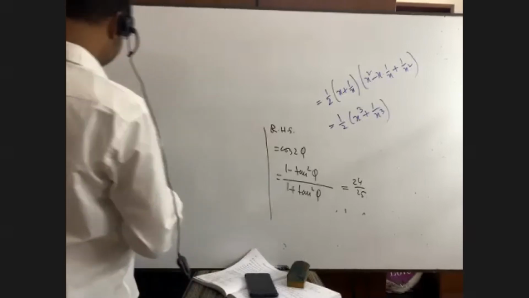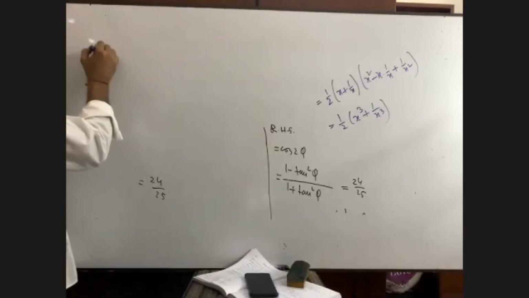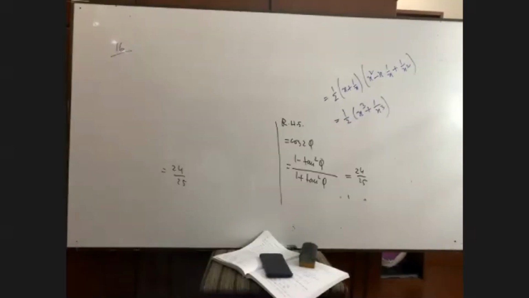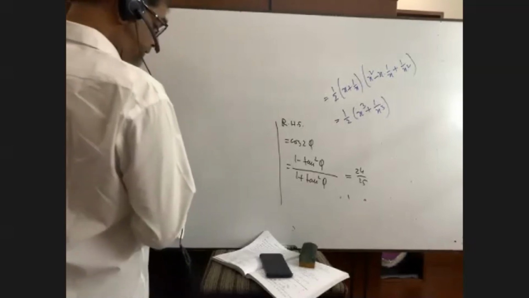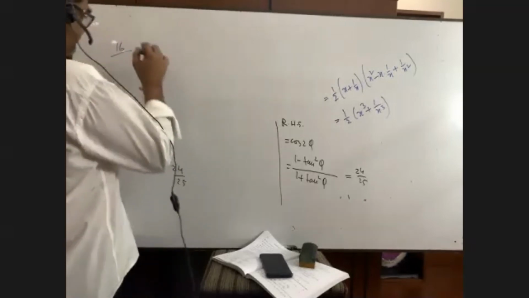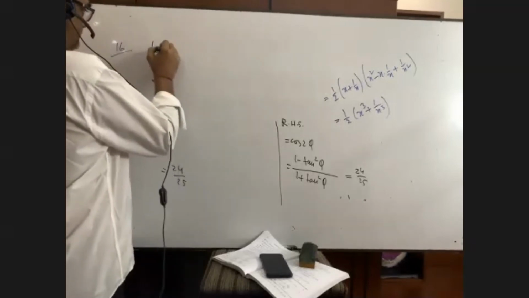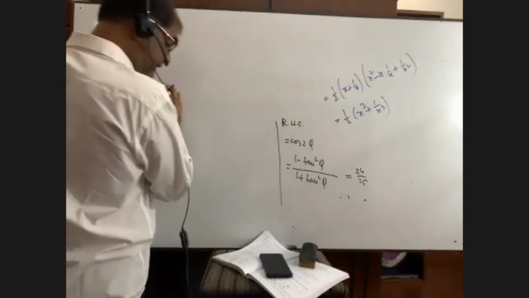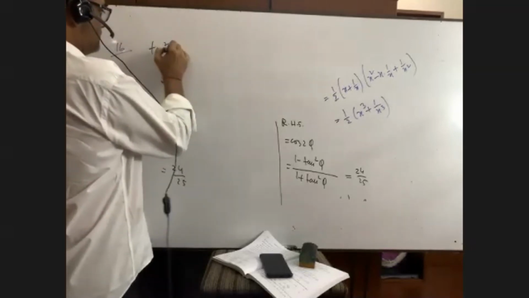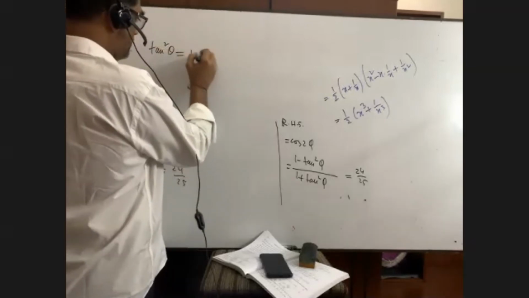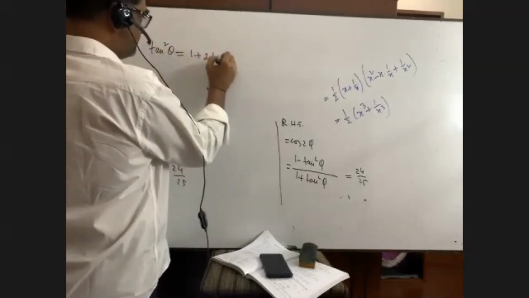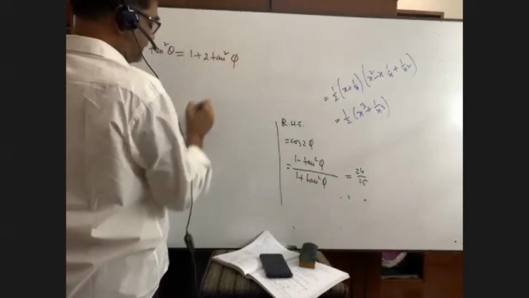Number 16. It is tan square theta equals 1 plus 2 tan square phi.